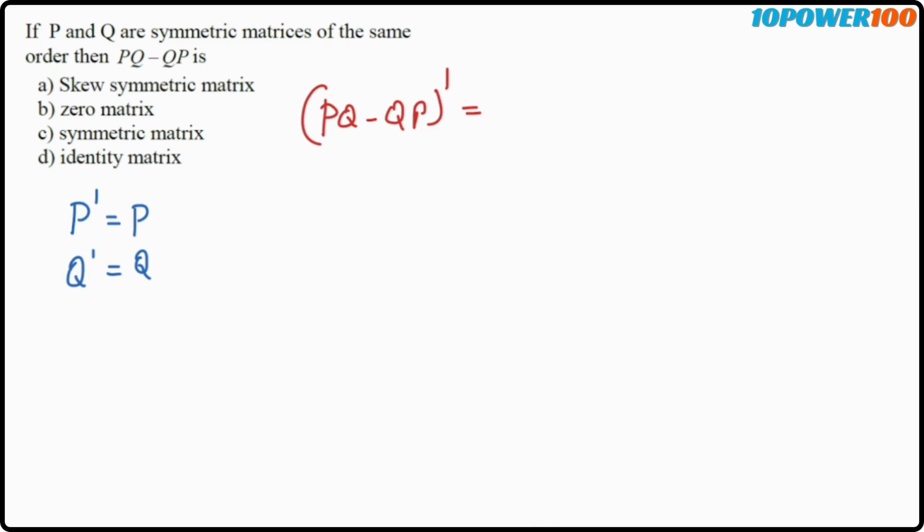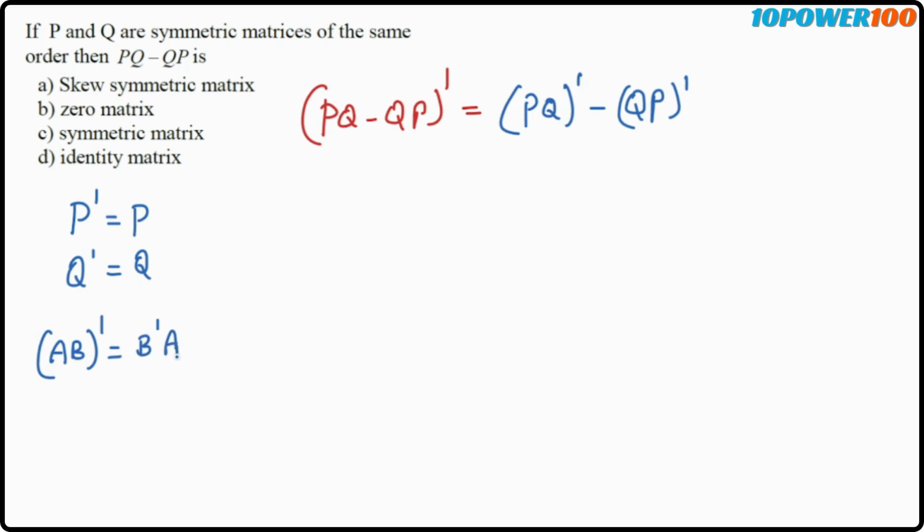We can take this separately. PQ the whole dash minus QP the whole dash. Before that, I'm going to write a formula here. AB the whole dash is equal to B dash into A dash.